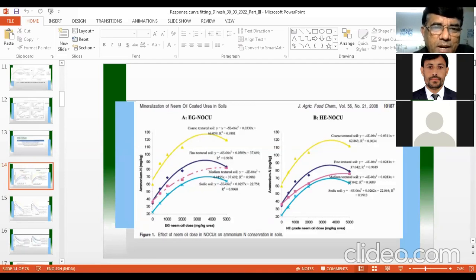In different soils, one is coarse textured soil, one is fine textured soil, another is medium textured soil and sodic soil. So you can see in different soils, for example, in sodic soil, you got lower levels of ammoniacal nitrogen. And then the pink one is your medium texture soil.